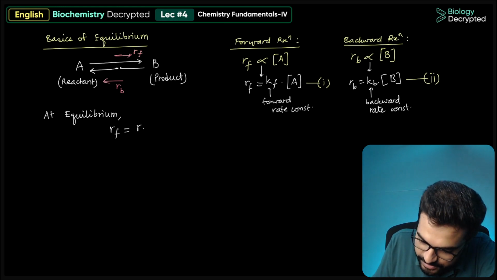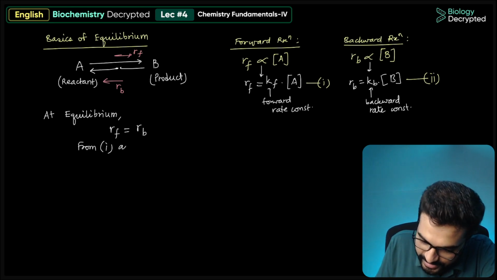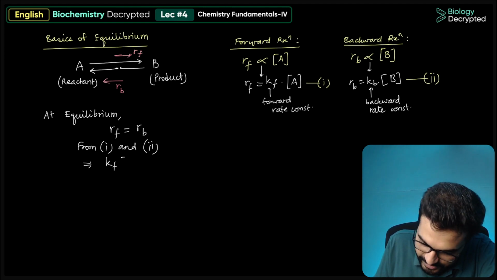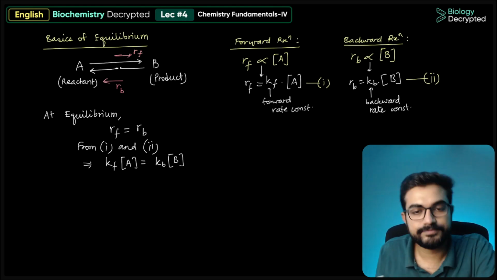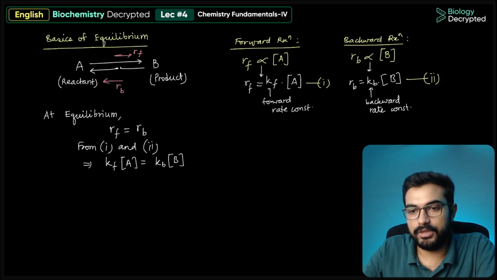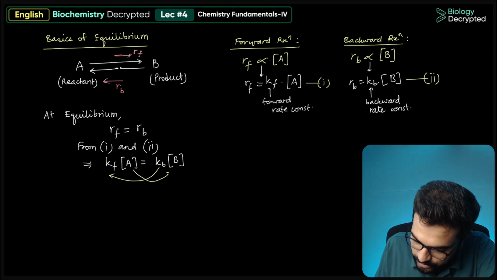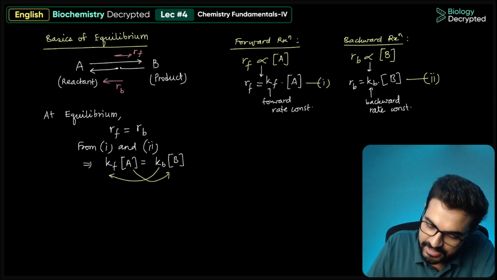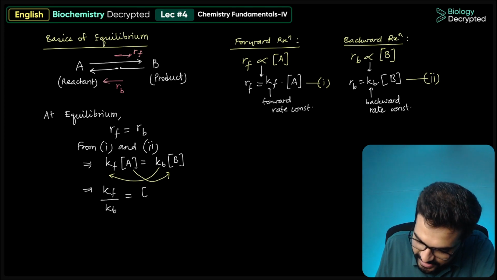So Rf becomes equal to Rb, and from equations 1 and 2, Kf into concentration of A will be equal to Kb into concentration of B. Here we can take like terms to one side, so we separate the sides, and we get Kf divided by Kb on one side, and the concentration of B divided by the concentration of A on the other.